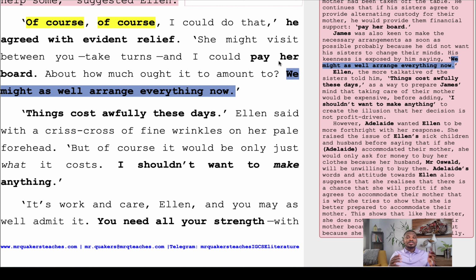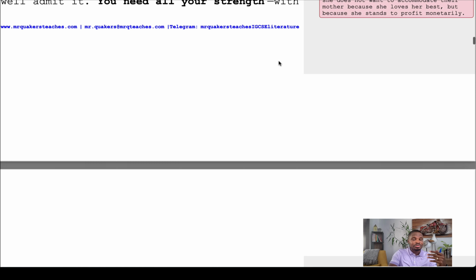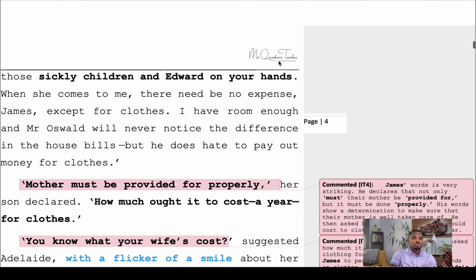That is why she tries to show that she's better prepared to accommodate her. This shows that, like her sister, she does not want to accommodate their mother because she loves her best, but because she stands to profit monetarily. So immediately James mentions that he's going to pay for board, the sisters begin to jostle for the right to host their mother.